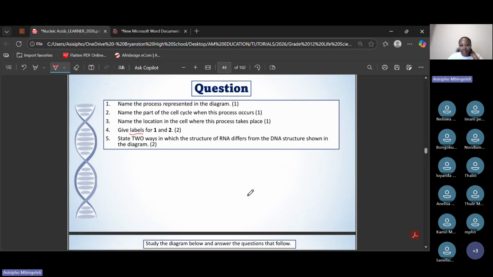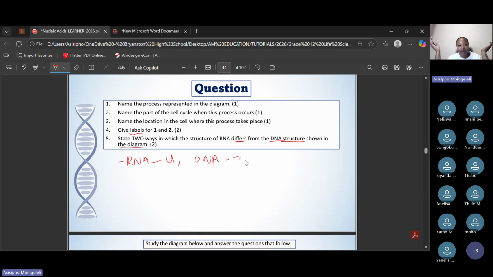This question that we skipped, question 5: state 2 ways in which the structure of RNA differs from the DNA structure shown in the diagram. You are basically differentiating. RNA will have uracil and DNA will obviously have thymine.